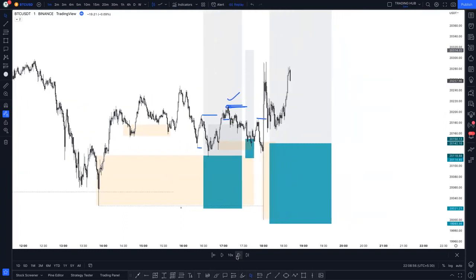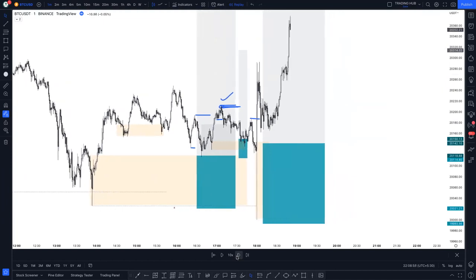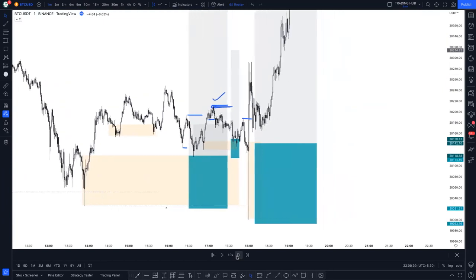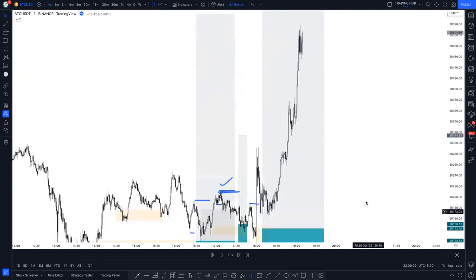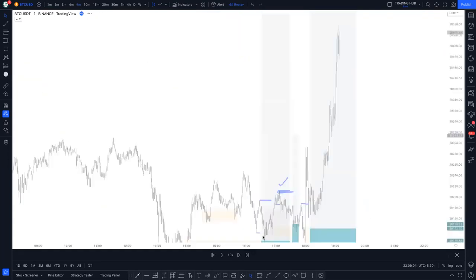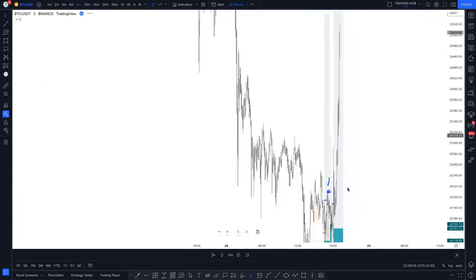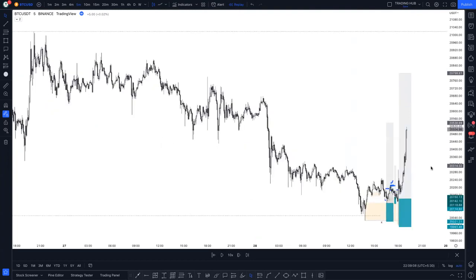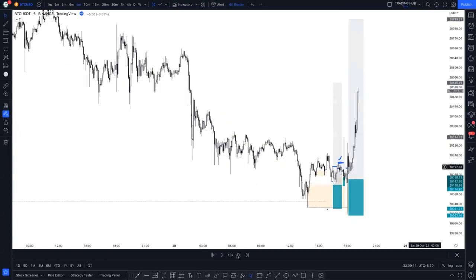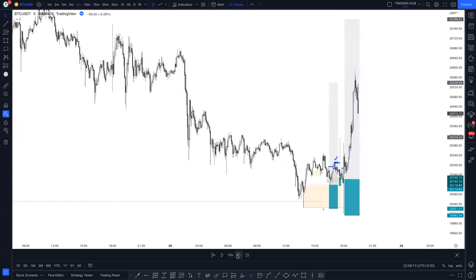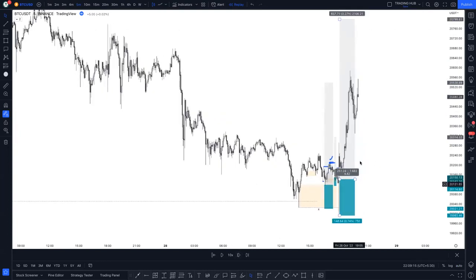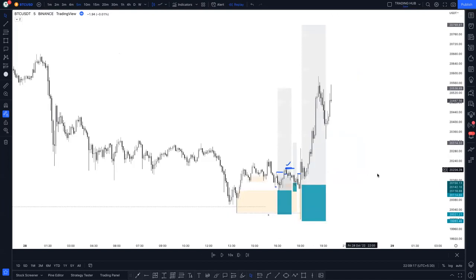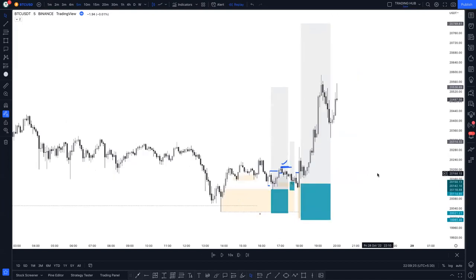Let's see what happened next here. Now switch to the 5 minute. There is no mitigation here. So where is our next POI for the buy? It is here.